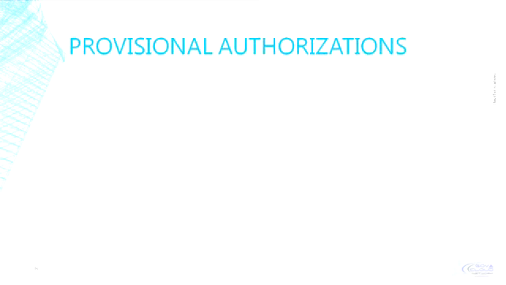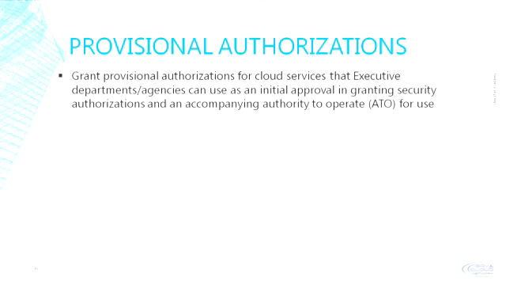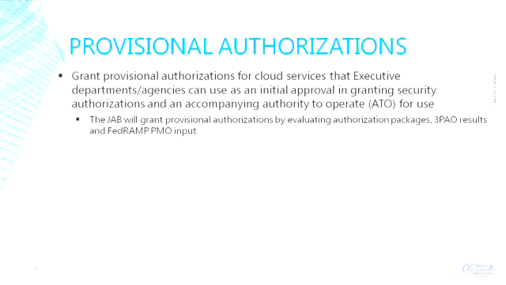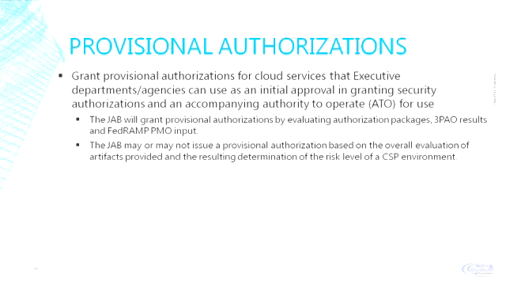In granting provisional authorizations for cloud services, Executive Departments and agencies could then issue authority to operate. The JAB will grant provisional authorizations by evaluating the packages. The JAB may or may not issue a provisional authorization based on the overall evaluation of artifacts provided and the resulting determination of the risk level of a cloud service provider's environment.